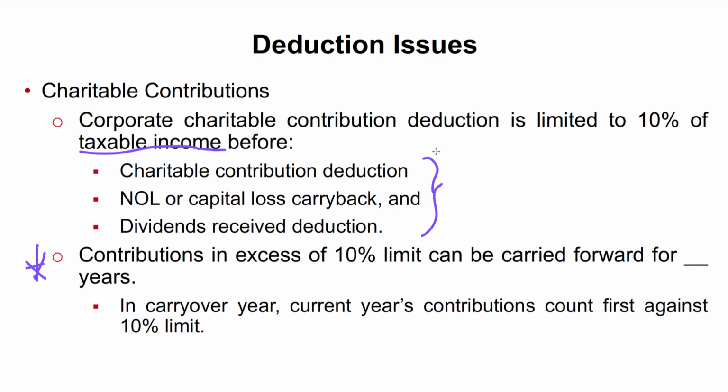A big one is that for corporations, in addition to the other charitable contribution limitations, contributions are limited to 10% of taxable income based on this calculation. You can't go beyond that. Any amount that's limited can be carried forward for 5 years. Five years.